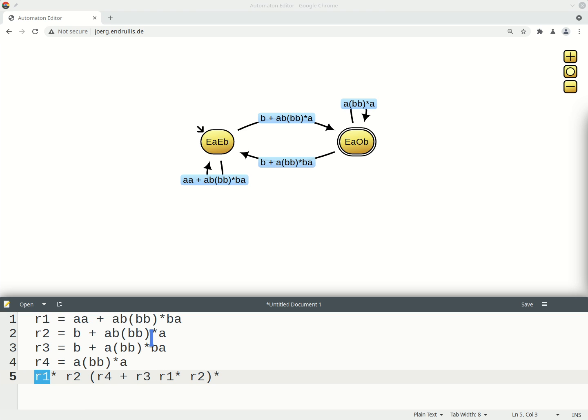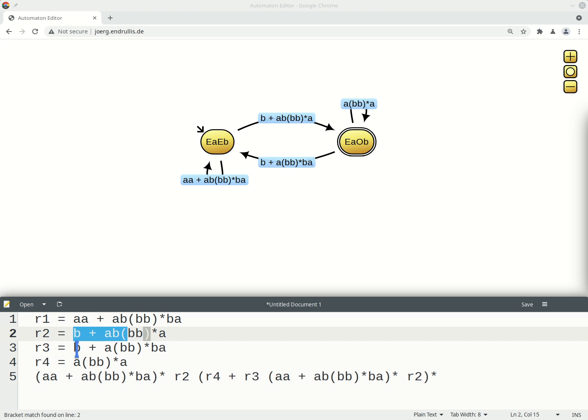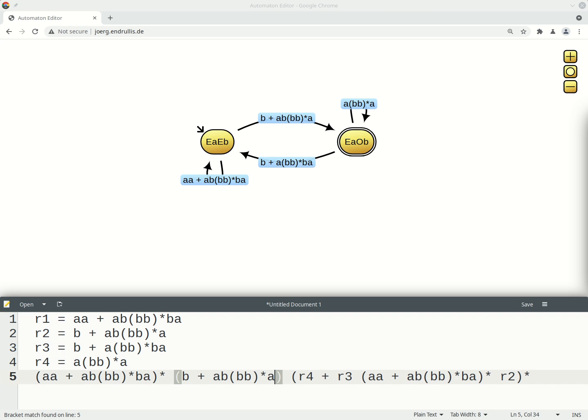Now all we have to do is fill in these regular expressions for the right variables here. So R1 is this regular expression, and we should not forget to make parentheses at the right places, because if you leave this parenthesis out, then the star is not applied to the entire regular expression. We have here R1 star, let's also make parentheses in the correct way. Let's fill in R2. Put R2 here.